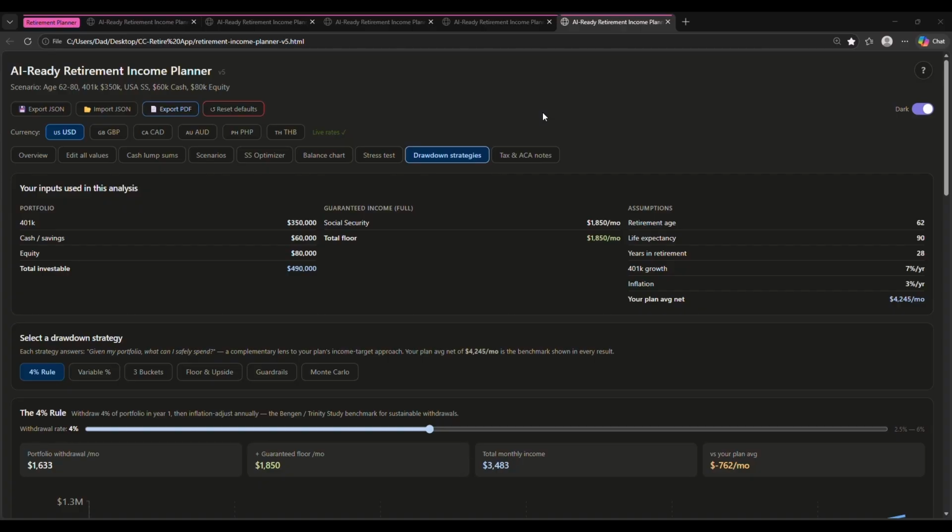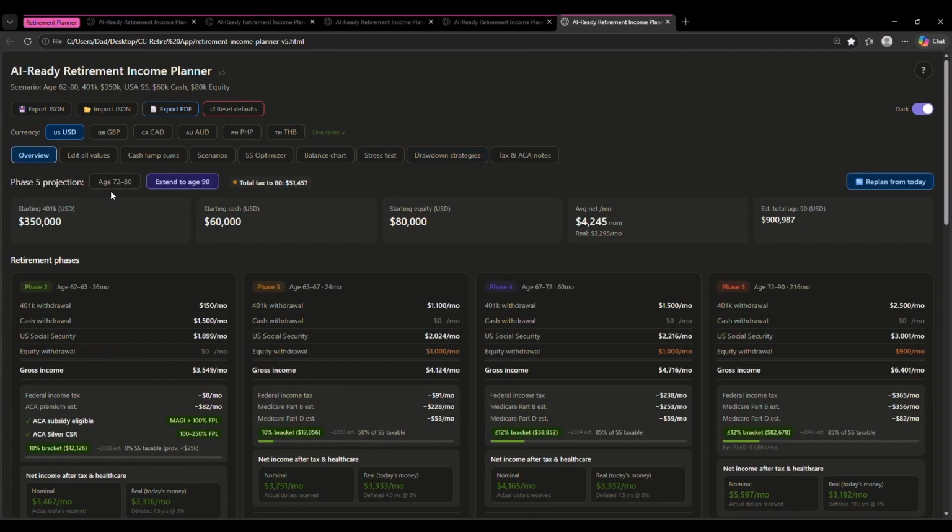The drawdown strategies that we're going to look at are the 4% rule, variable percent, 3 buckets, floor and upside, Guardrails, and Monte Carlo. And we have adjusted our portfolio value here slightly, and we've extended it to age 90 for this example.